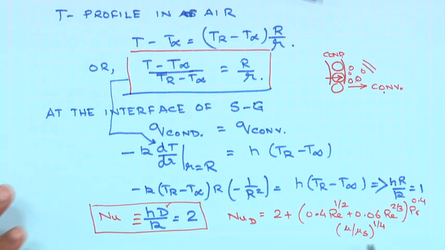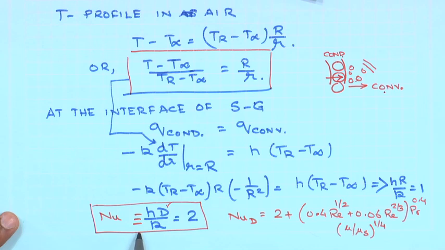This is a correlation which was obtained. You obviously do not need to remember this, but what it shows is when the velocity is set to 0, the Reynolds number would be 0, and the entire second term on the right hand side would be 0, and the value of Nusselt number would approach 2. And this is what you have obtained over here, that the limiting value of Nusselt number at steady state for a sphere which is losing heat in a stagnant medium, stagnant air, is equal to 2.